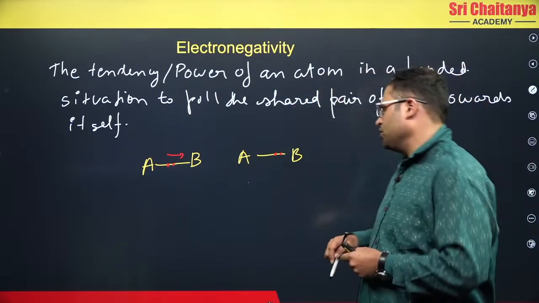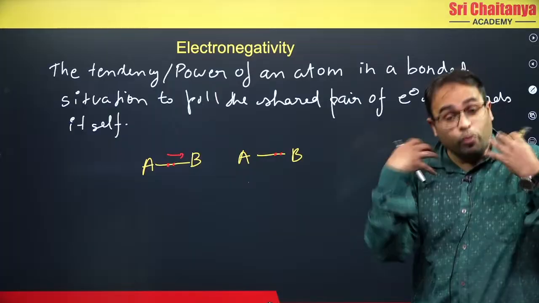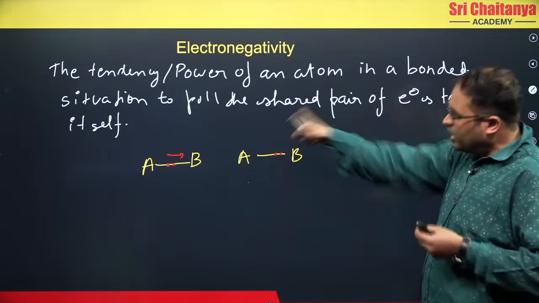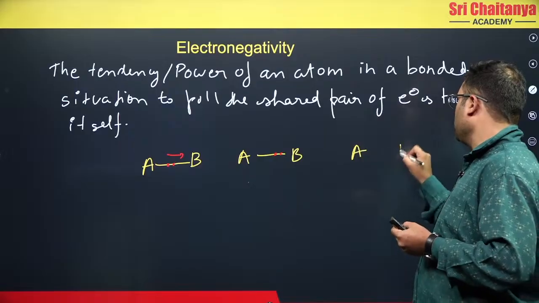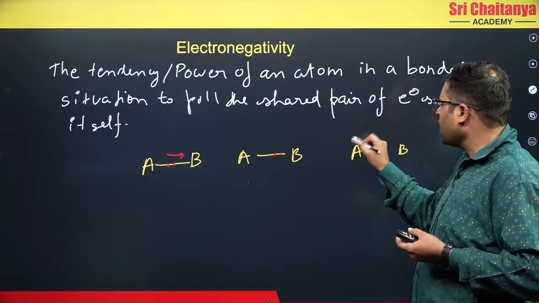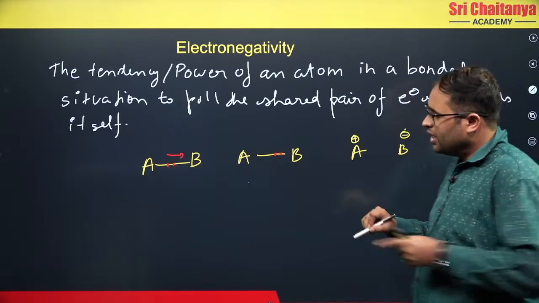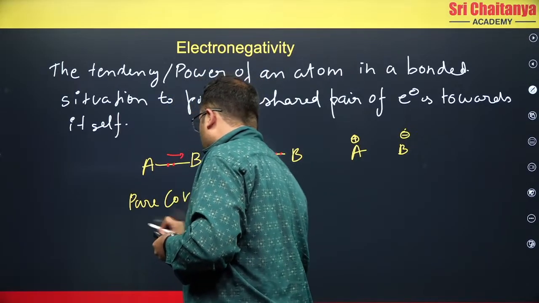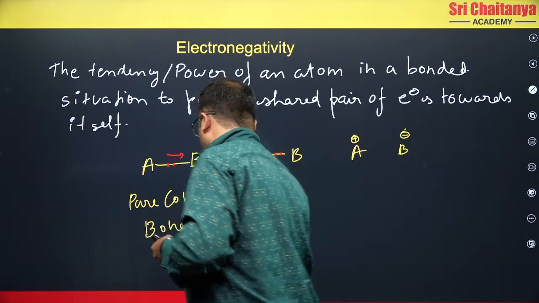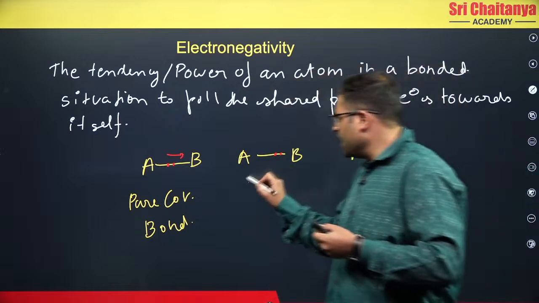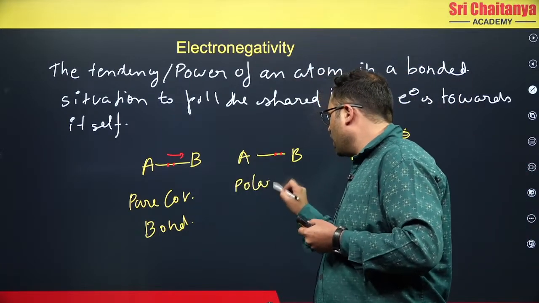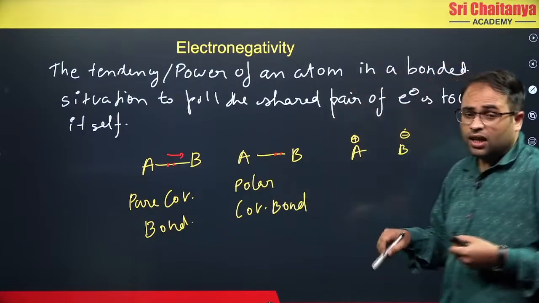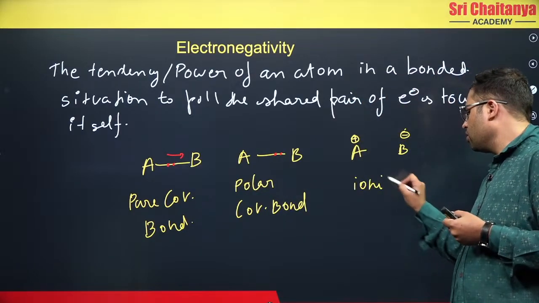Now the next situation, if B is too powerful, what will happen? These electrons will totally shift onto B, right? And what you will get? You will get a cation and you will get an anion, right? This is the situation of a pure covalent bond. This is a polar covalent bond. And this is an ionic bond.